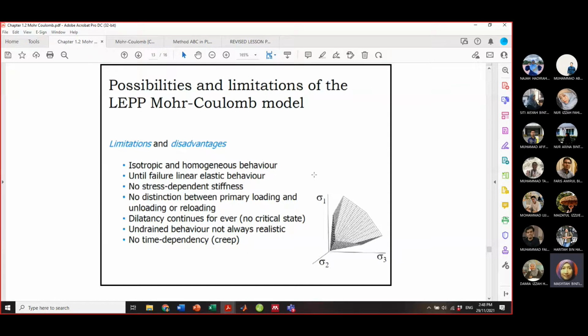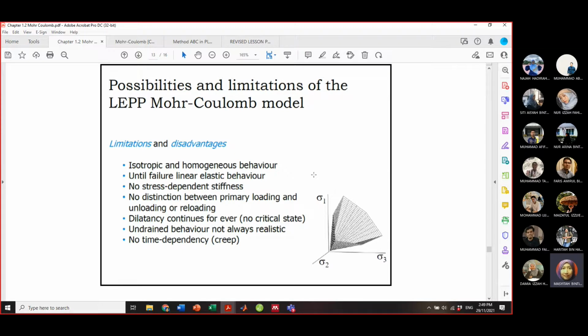So when you plot the graph, we get a non-linear plot. But due to the assumptions in Mohr-Coulomb, we may assume that the model behaves as linearly elastic, perfectly plastic, but that is inaccurate for real situations. So these are the limitations of the Mohr-Coulomb model.